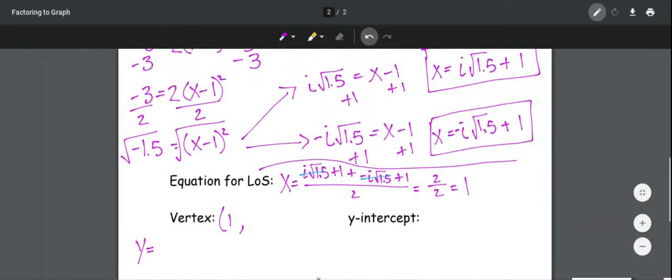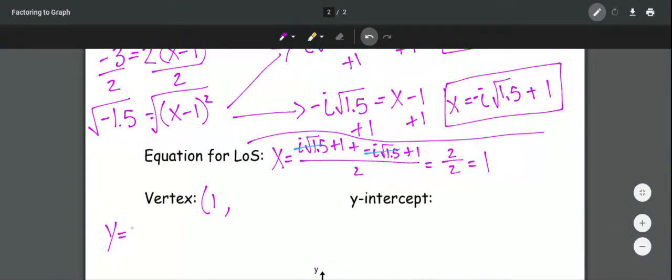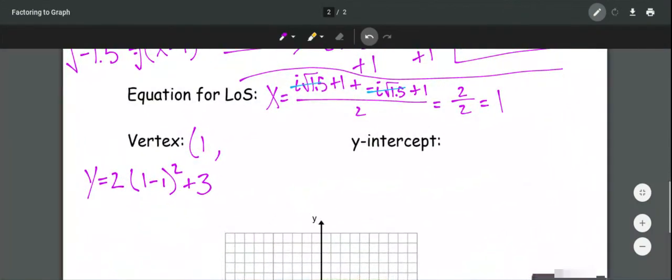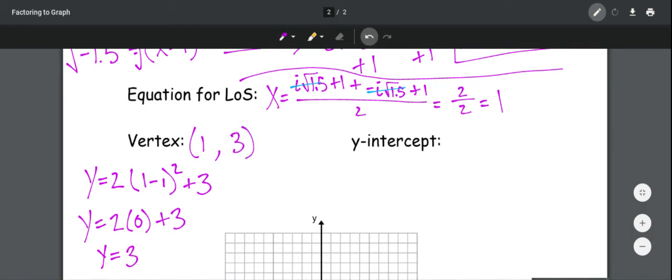And then 2 times 1 minus 1 squared plus 3, I believe. Yep. So that is 1 minus 1 is 0. 0 squared is 0. So I get 2 times 0. So my vertex is 1, 3.